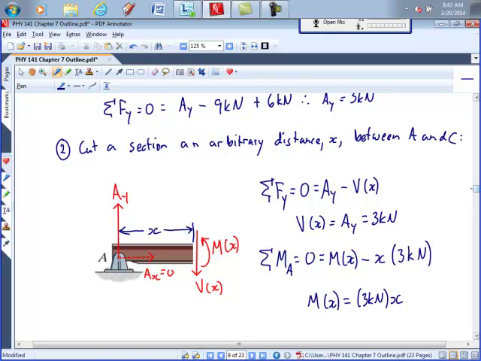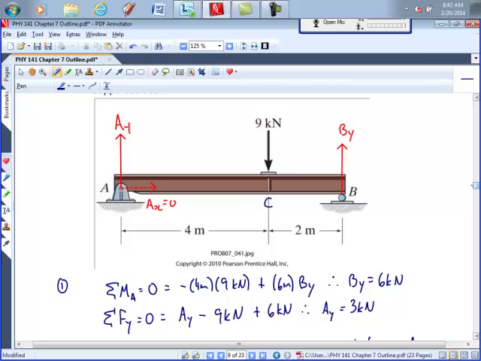All right, so that's going to work for everywhere between A and C, but at C the loading changes. So we're going to have to do another section, an arbitrary distance x. Again, we're going to measure from the left edge, A, but x is going to be between 4 and 2.